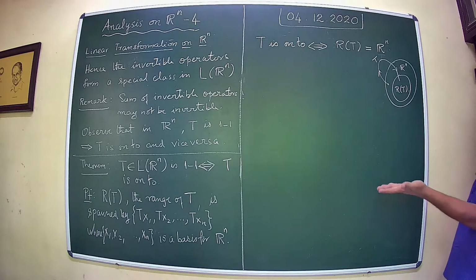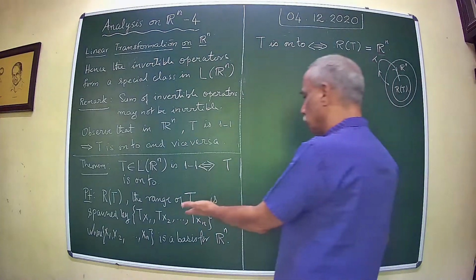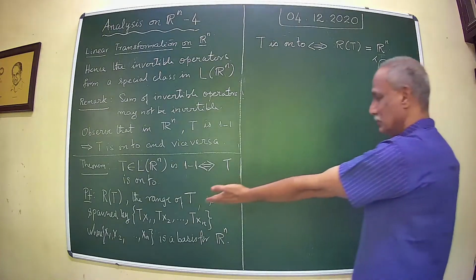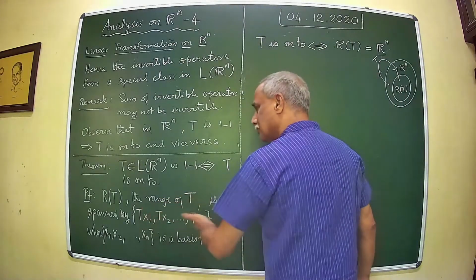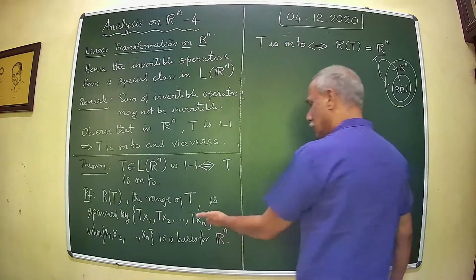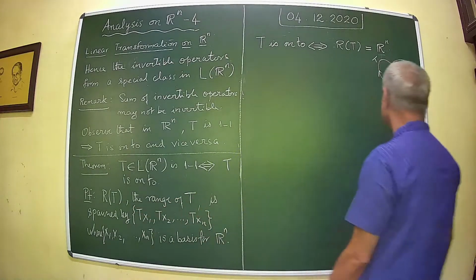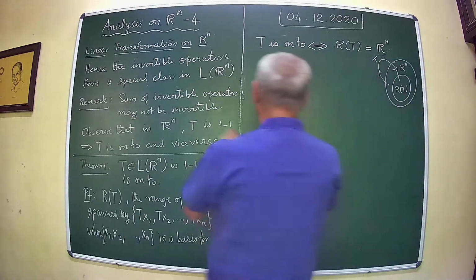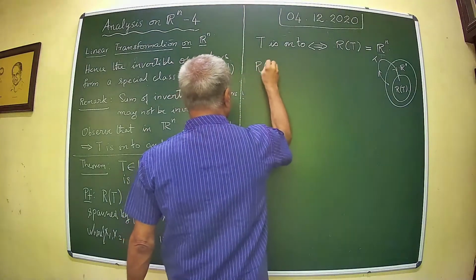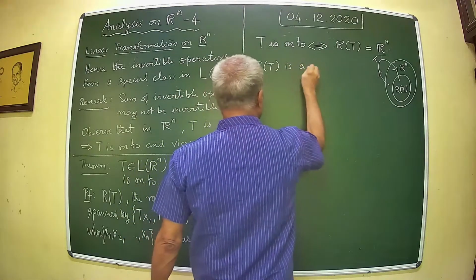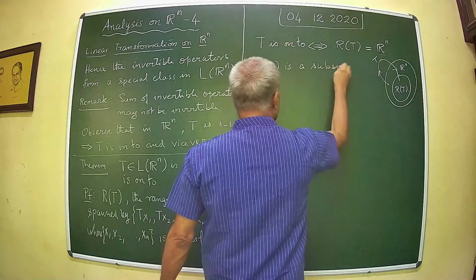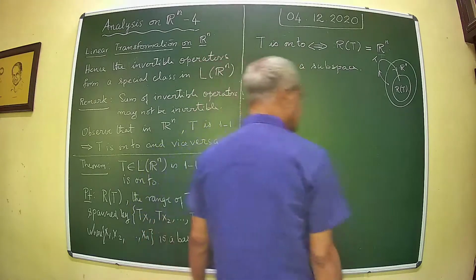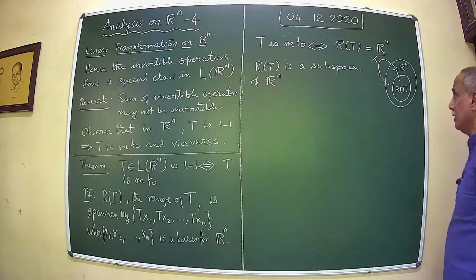Now to show that R(T) is equal to Rn, it is enough to show that R(T) is spanned by Tx1, Tx2, ..., Txn. If I can show that they are linearly independent, then R(T) is a subspace. Oh, that's obvious. This is easy to define, that you probably have already done.